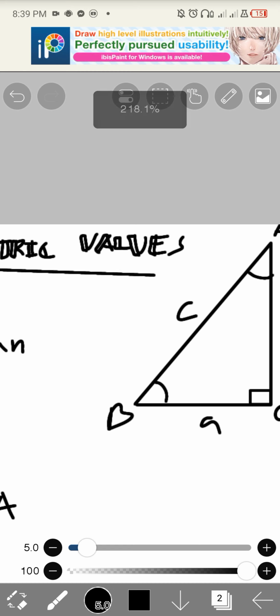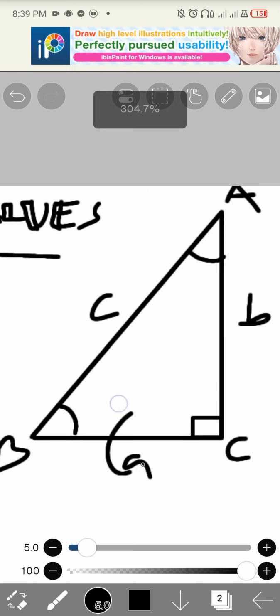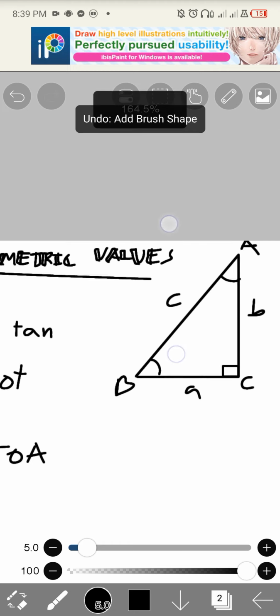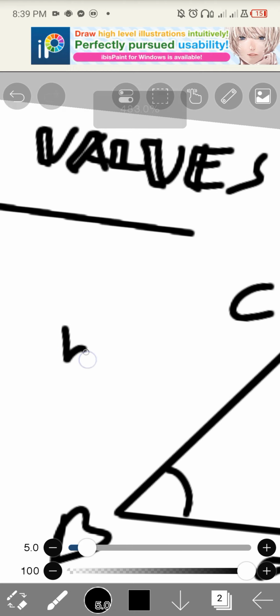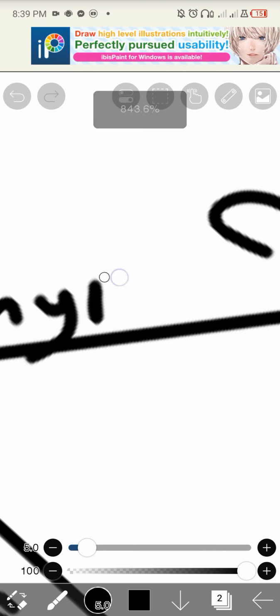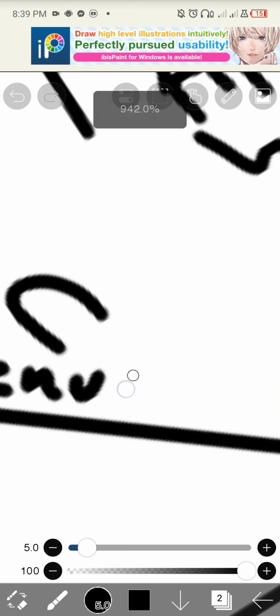Hypotenuse basically is the longest side of a right triangle. Always na siya the longest. It's always kani ang C. So C is the hypotenuse.